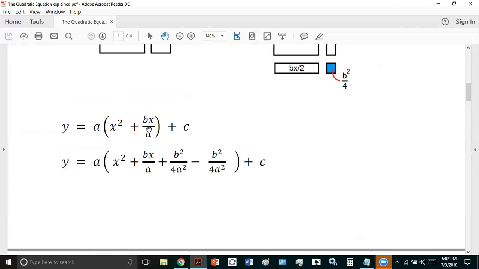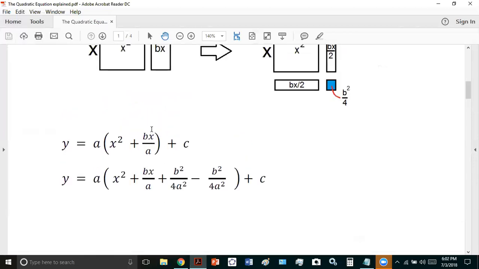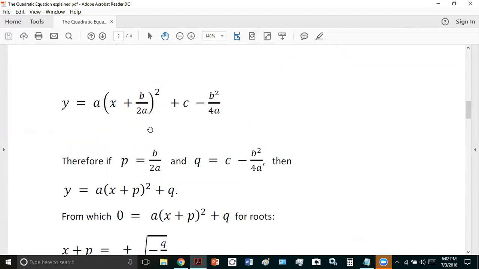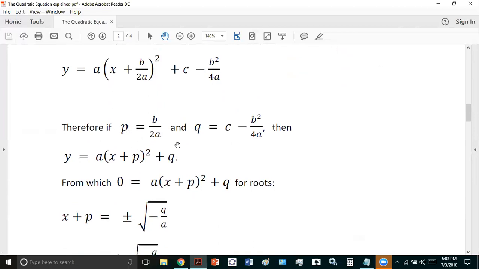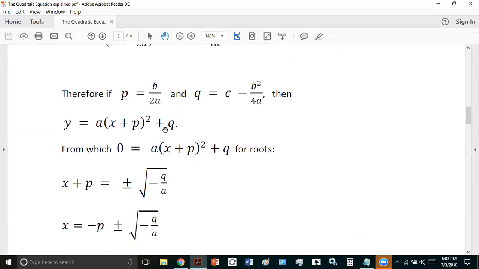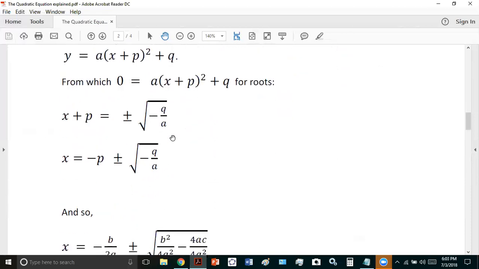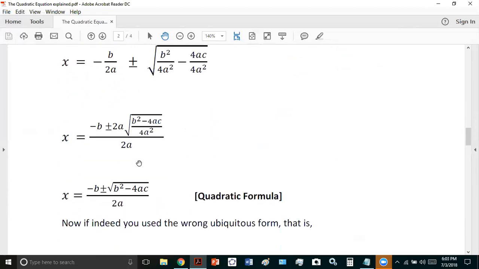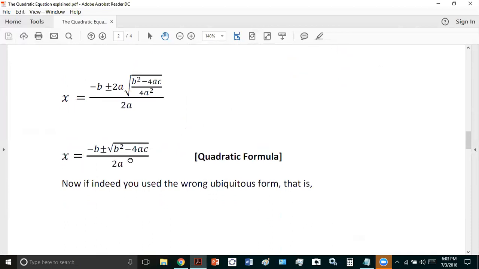I show you over here that if you start off with this particular form and you move down to find the derivative, then you set p equal to this and q equal to this so that you get that. And then from this expression, you must arrive at the quadratic formula, and that's precisely what happens.